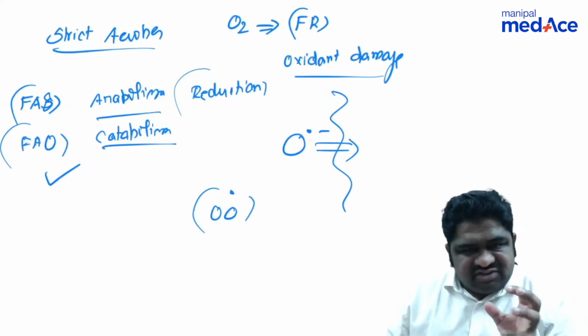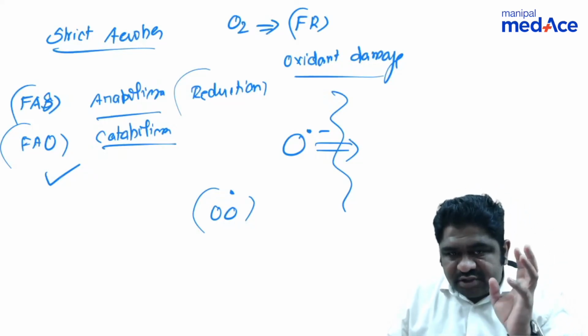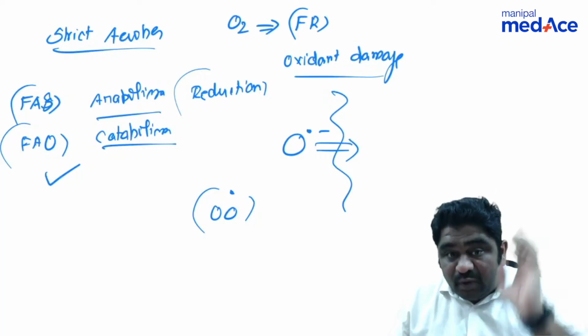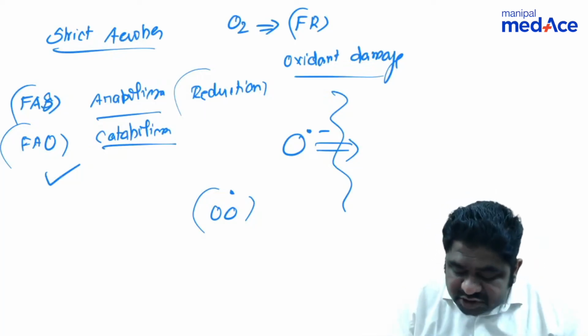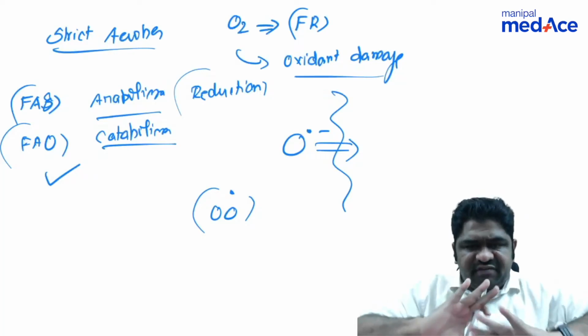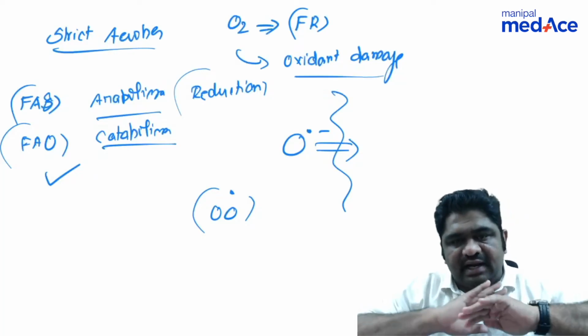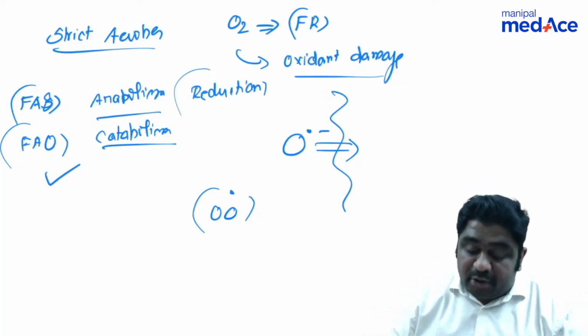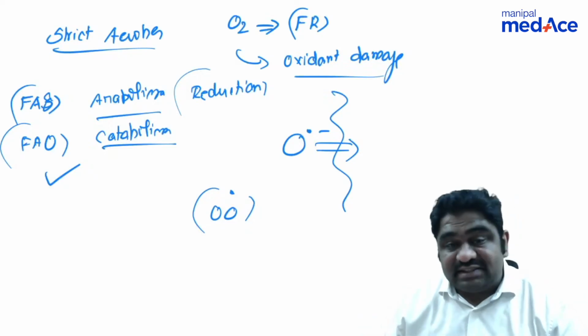Now, look at this. We have strict aerobes, so they depend on oxygen for survival, and they will be able to expect oxygen to give free radicals, but they also have a defense mechanism against the dangerous free radicals. And how do they defend themselves? Because they have some important enzymes like these.